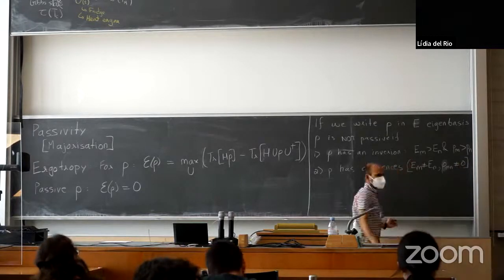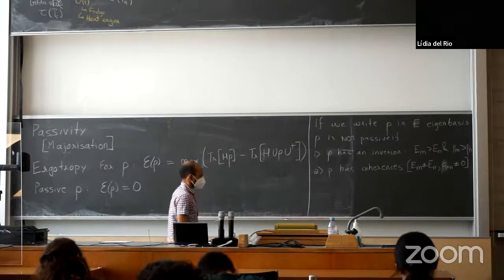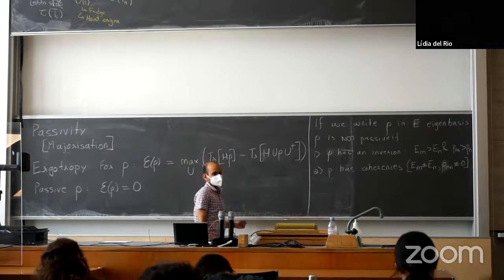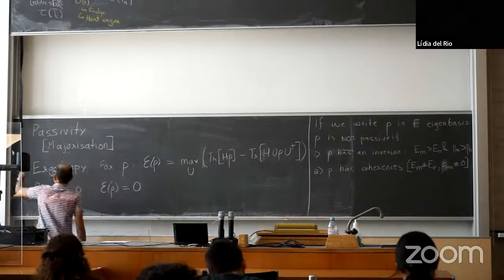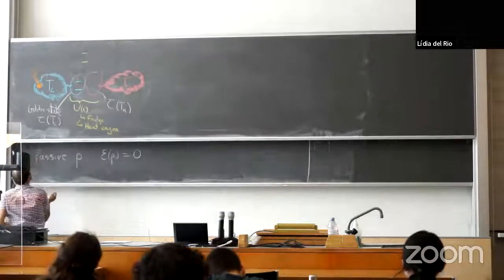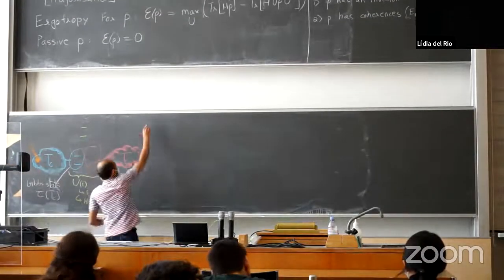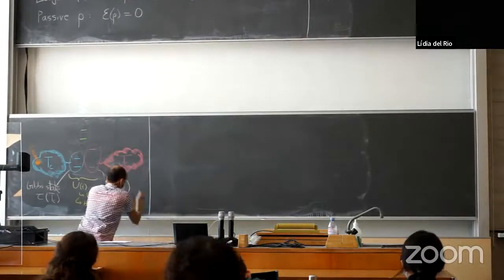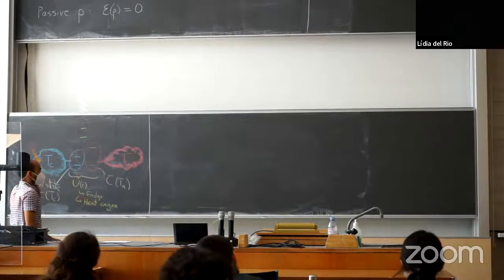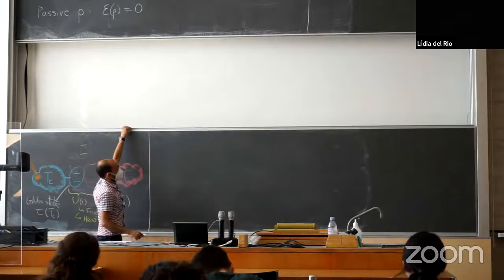So it has two energy levels that are not the same, and the off-diagonal element is not 0 between them. Okay. I'm going to quickly argue why these two possibilities mean that rho is not passive.